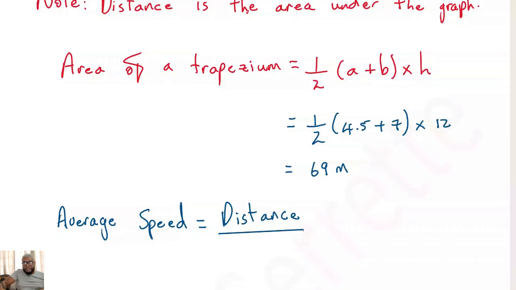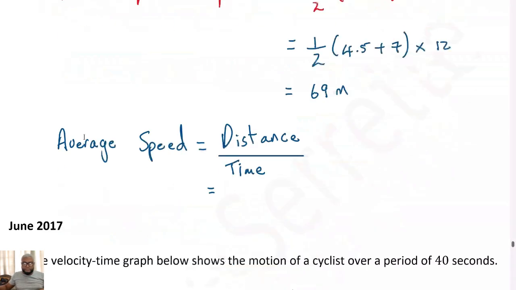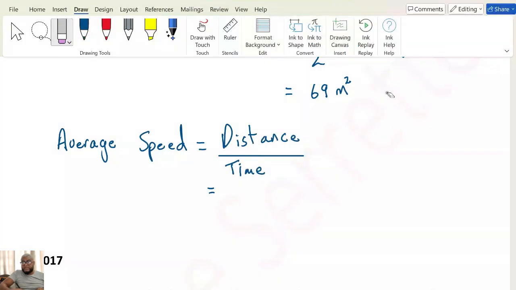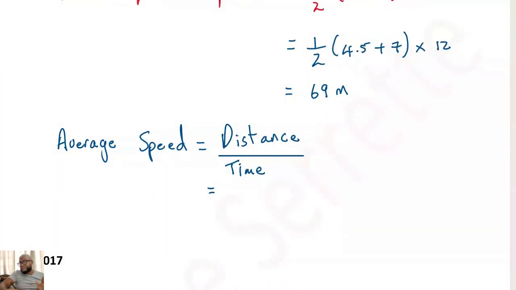Distance over time. Remember what distance is? Distance is the area under the graph. Right? And what did we calculate that area under the graph to be? 69 meters. Now, this is actually 69 meters squared if you're really looking at area, but it's really the distance you're trying to find, so that's 69 meters.